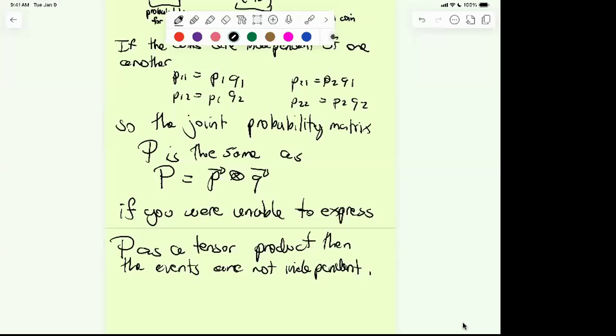What is always true is that you can always at least find a sum of such independent factors. So it would be related to the rank.